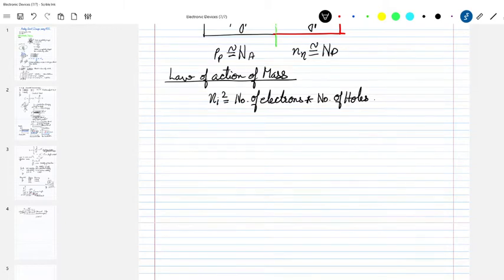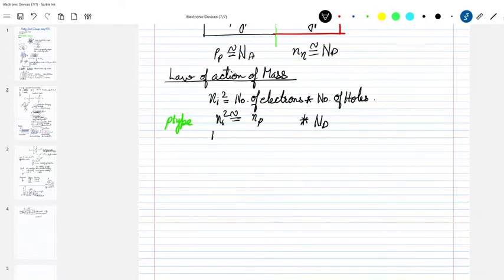So if I consider a p-type material where I can represent the number of holes as Nd, then you have Nd into the number of electrons. So the number of electrons is Np, which would be approximately equal to Ni square.